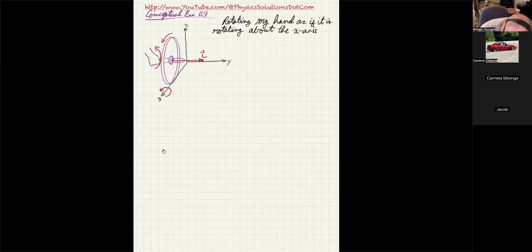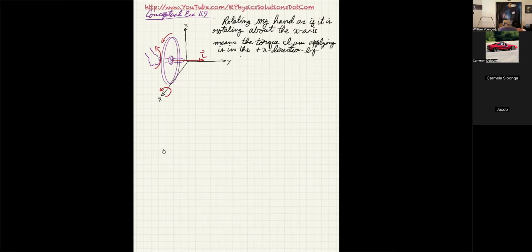Rotating my hand as if it is rotating about the x-axis means the torque I am applying is in the positive x direction by the right hand rule.